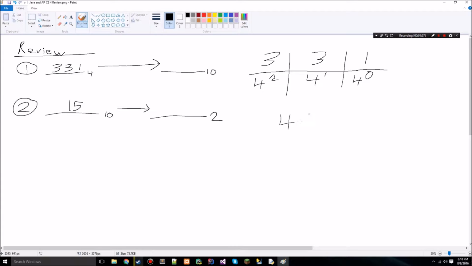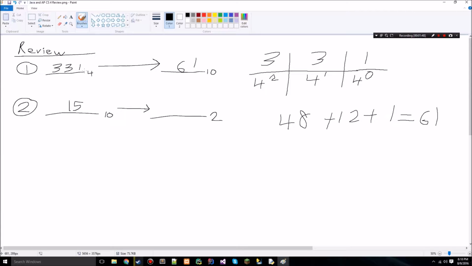Then 4 to the first is 4 times 3, which is 12. And 4 to the 0 is 1, 1 times 1 is 1. So 48 plus 12 plus 1 gives us 61 as an answer. So that number in base 4 is 61 in base 10.